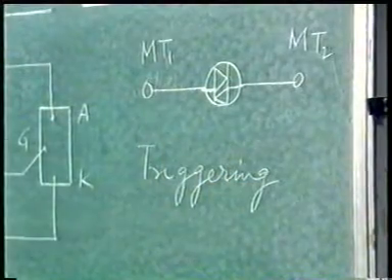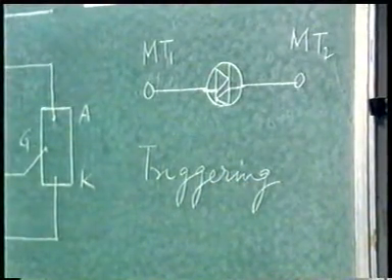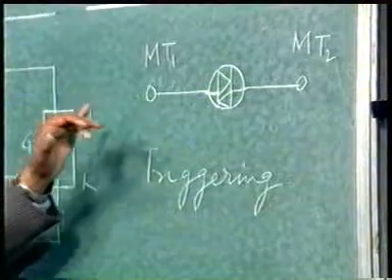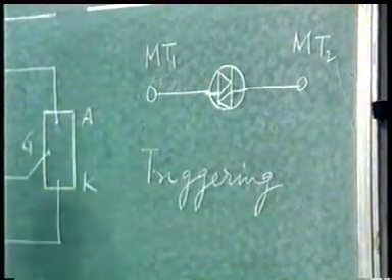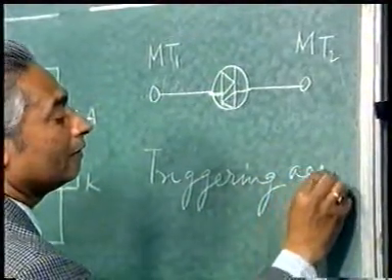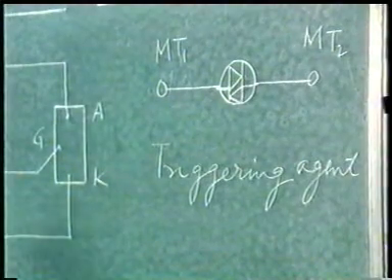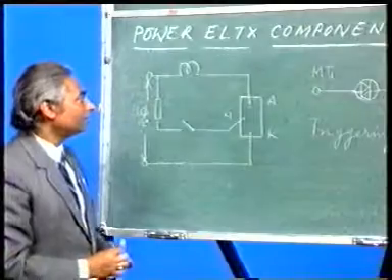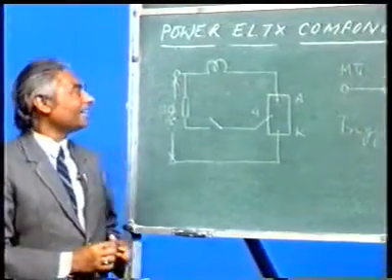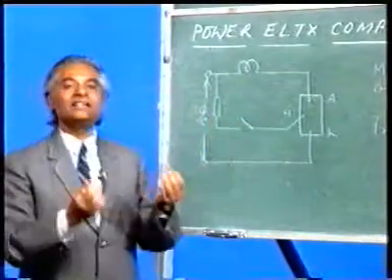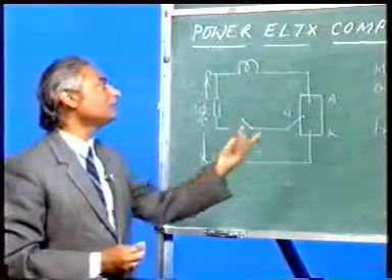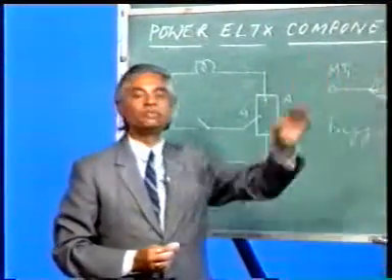Triggering means to conduct the device, and I can also say that Diac is nothing but a triggering agent. It is used for triggering Triacs, SCRs and so forth. Now, in case of a Diac, it is very simple to connect it in a circuit, because there is no difference between main terminal 1 and main terminal 2.